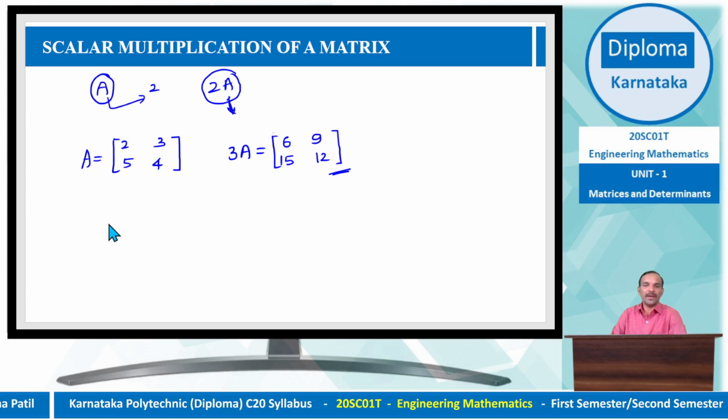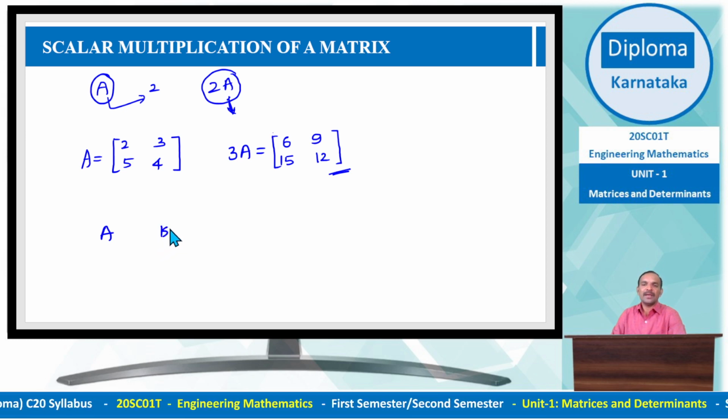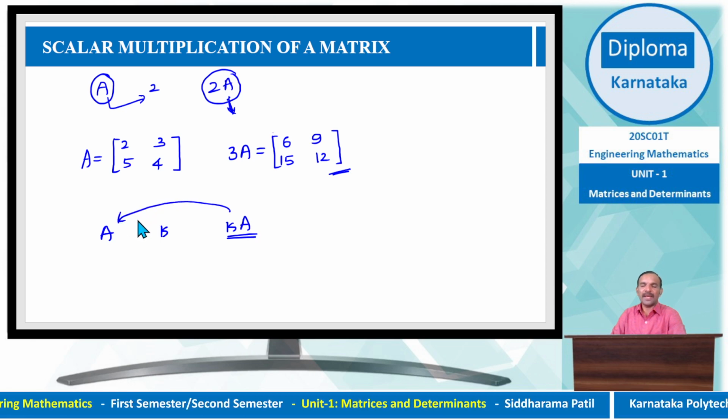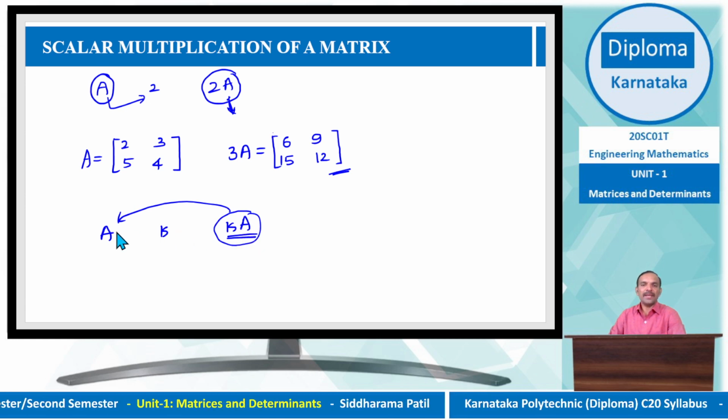In general, if A is a matrix and K is a scalar, a constant, then KA is also a matrix of the same order as A, and the elements of KA are obtained by multiplying each element of A by K.